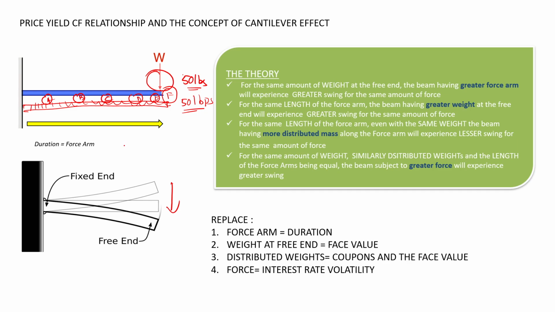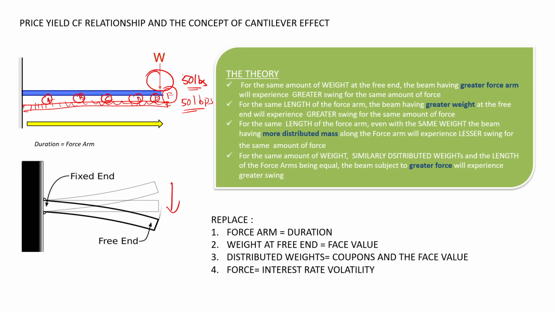So the first thing that we understood is that the greater the length of the beam, for the same weight and the same force, the one which has greater length will have a more violent swing. The one which has greater force applied to it, all other things being equal, will swing more violently.